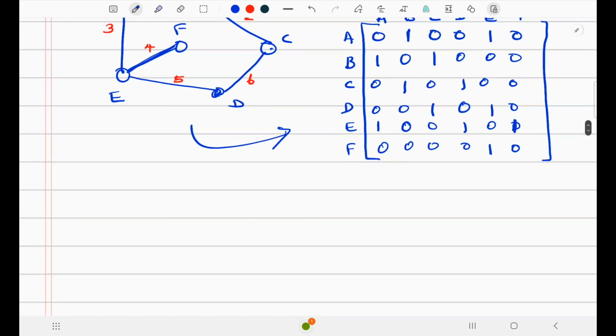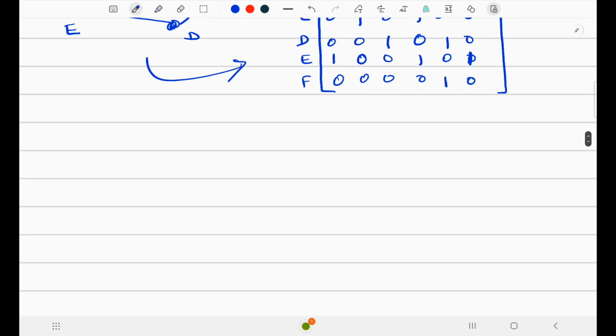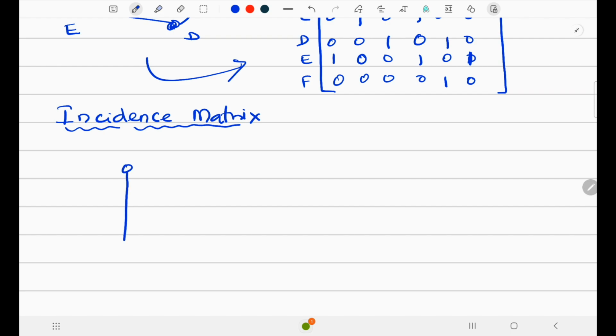Clear, guys? Then next topic is incident matrix. Again, very simple. Again, I take the same example.